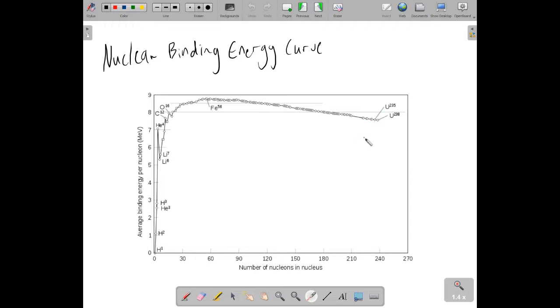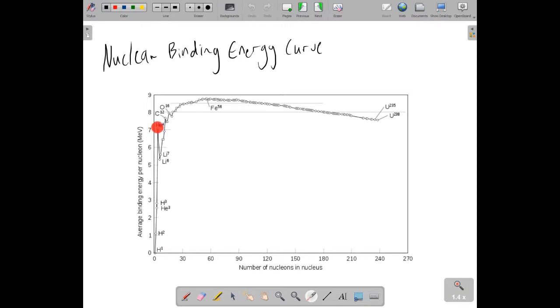Or at least the balance of the forces means that these nuclei are more unstable, and by unstable that means not as energetically favourable. So we have heavy nuclei here, things in the region of iron and cobalt here, and here we have the smaller, lighter nuclei.